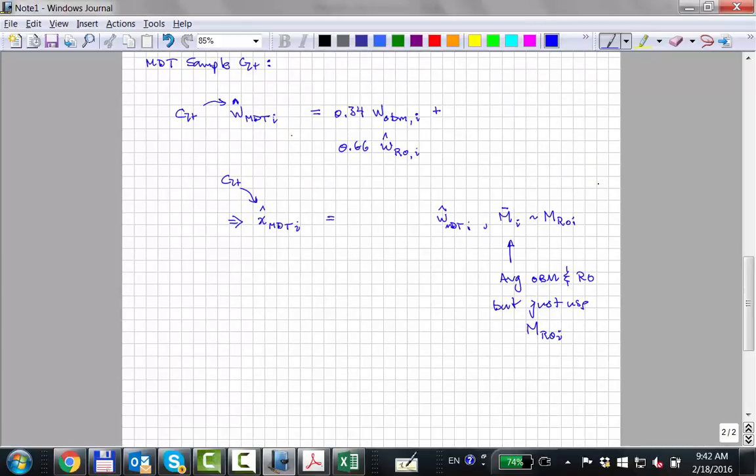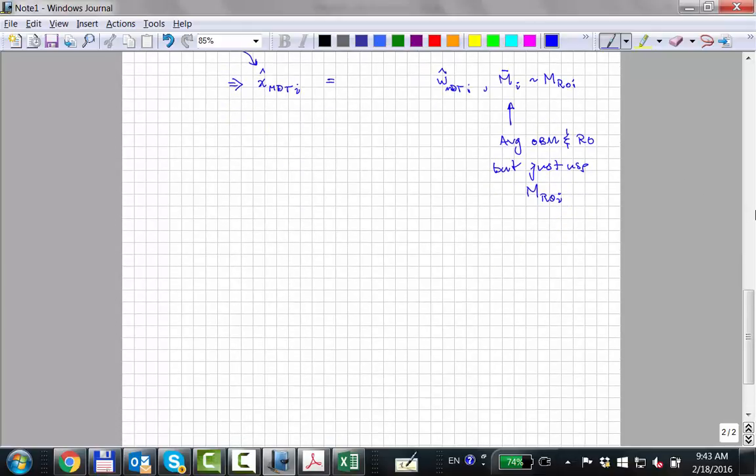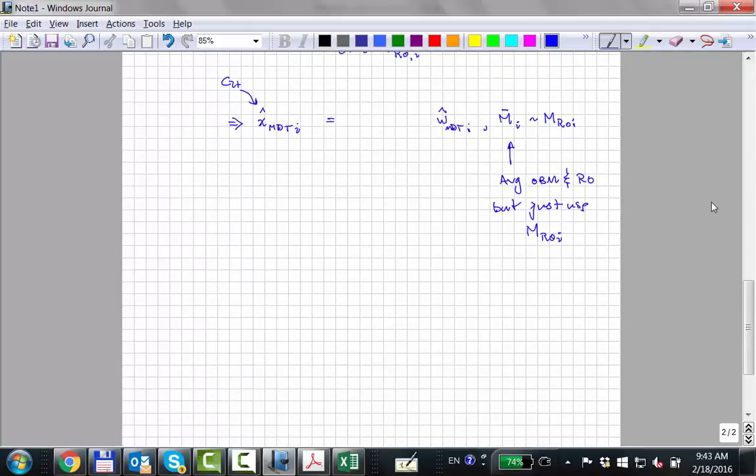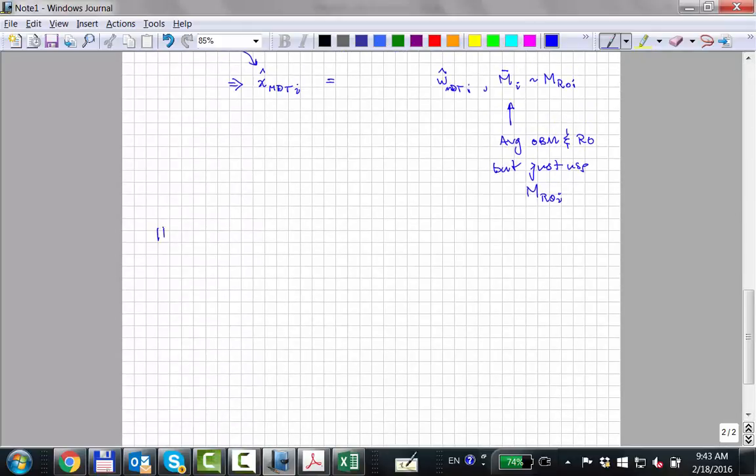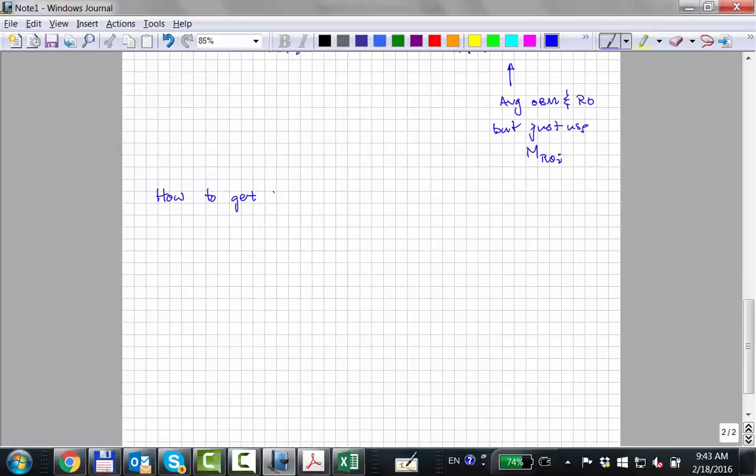So now the tricky part comes. How to get the molar composition of what we actually sample.